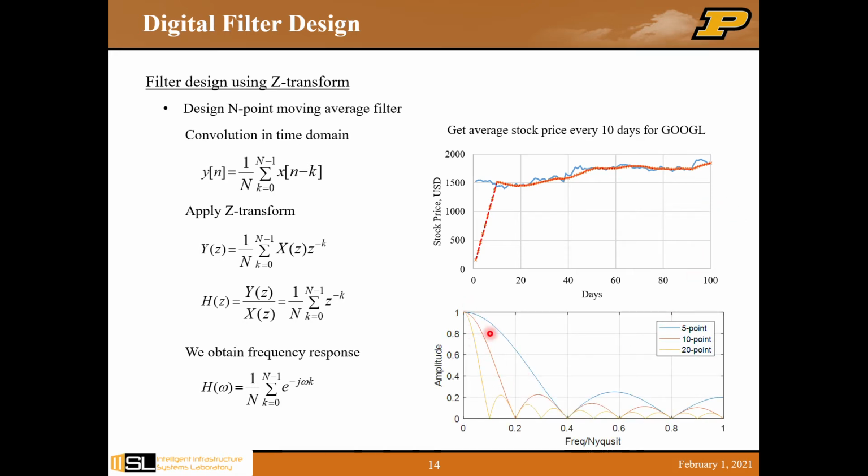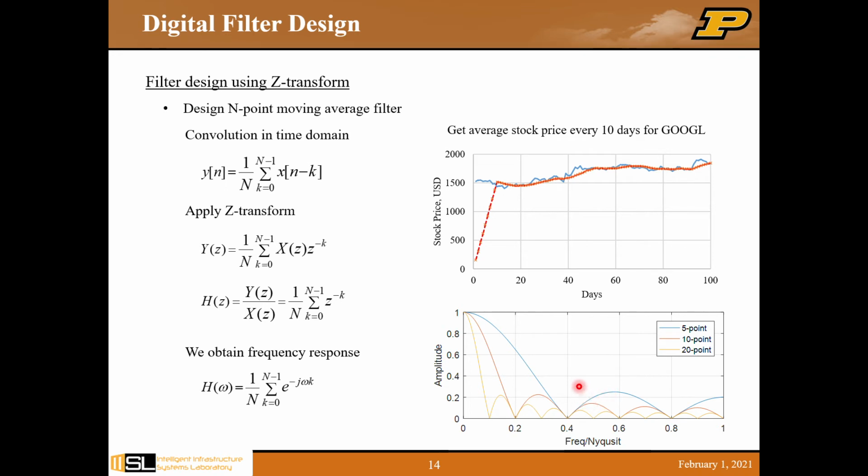Here it shows the frequency response for the moving average filter. The blue curve represents the 5-point moving average filter, and the yellow curve is the 20-point. As you can see, adding more points filters out a wider range of high frequency components.